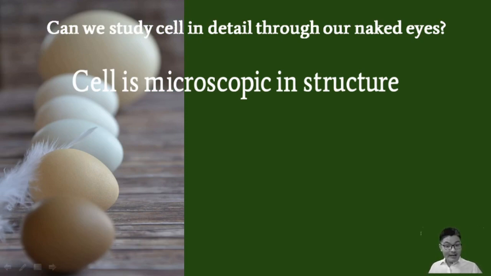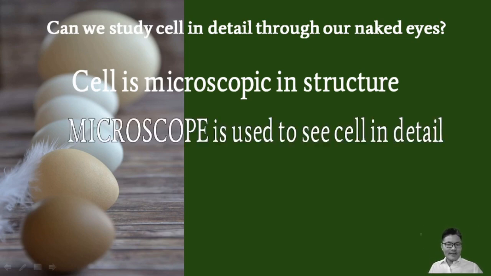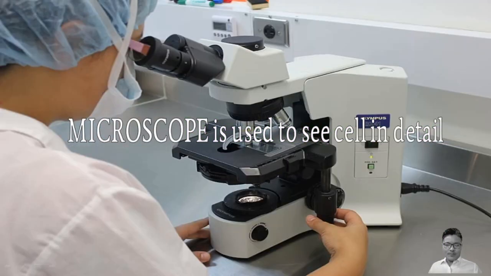These are cells, right? Single cell is there in one egg. One egg is a single cell. But in order to study in detail about the structure of cell, we use microscope. So without microscope, we can't study the structure of cell in detail.